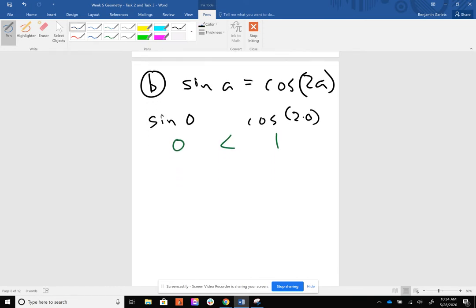Then let's check the other extreme, which is 90 degrees. That would mean that it's as close to not acute as possible. So the sine of 90 compared to the cosine of 2 times 90.